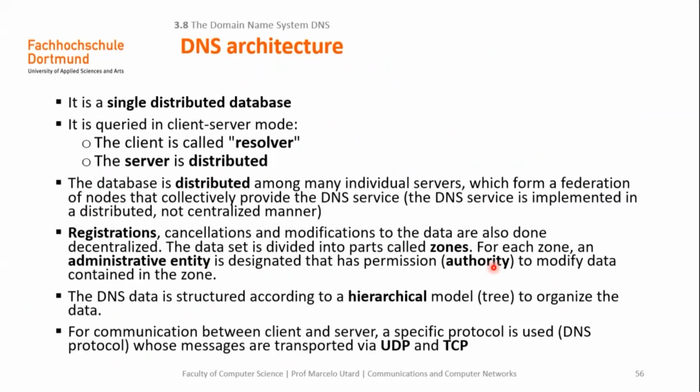The DNS data is structured according to a hierarchical model, a tree, to organize the data. For communication between clients and servers, between resolvers and servers, a specific protocol is used called the DNS protocol, whose messages are typically transported via UDP.